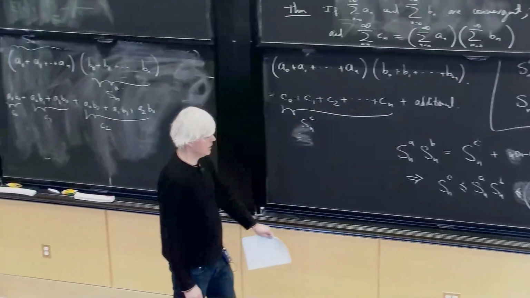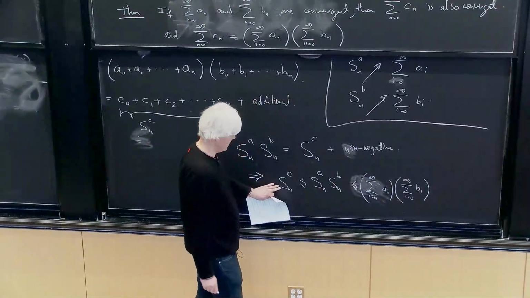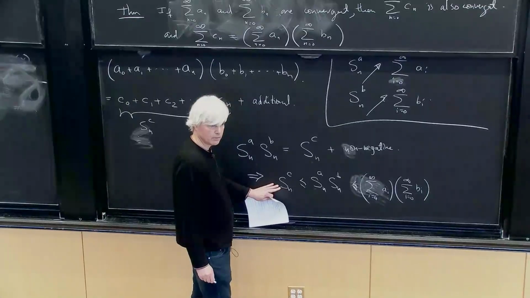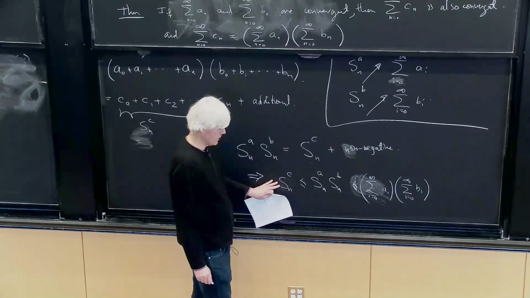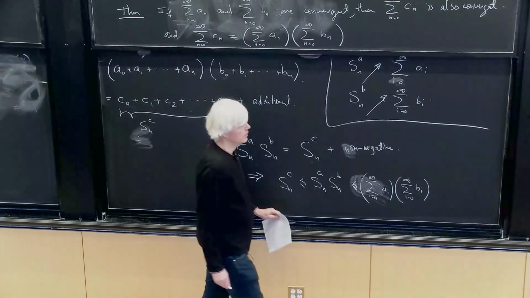And that's supposed to be just a real number. So you see that these are now bounded. Because they're monotone, it means that the series is also convergent.